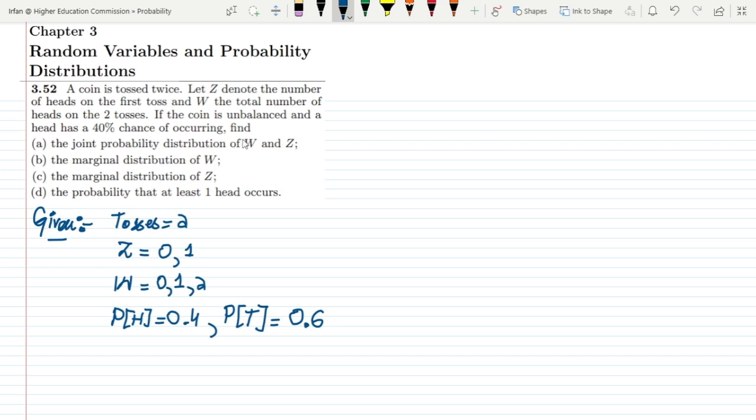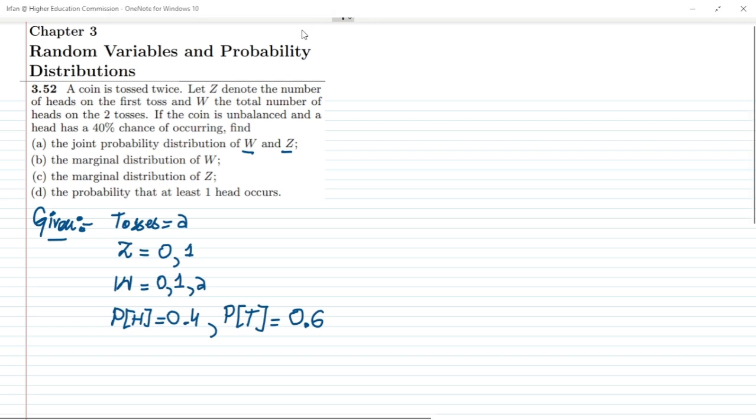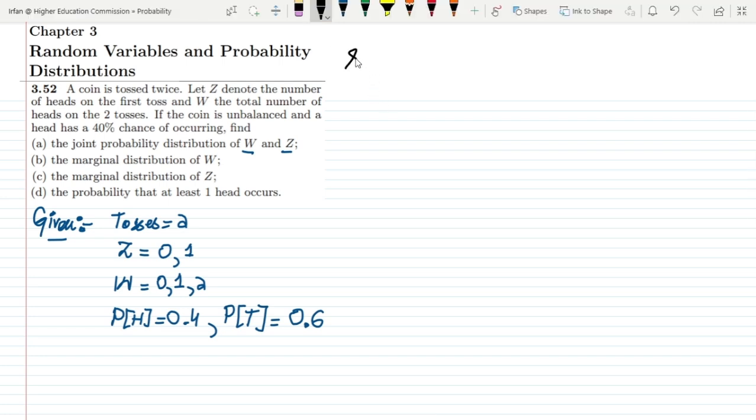Find the joint probability distribution of W and Z. So that is part A. Let me solve part A of our question first. This is the solution. In part A, let us denote the joint probability distribution as F of W and Z. Okay, where what is W?